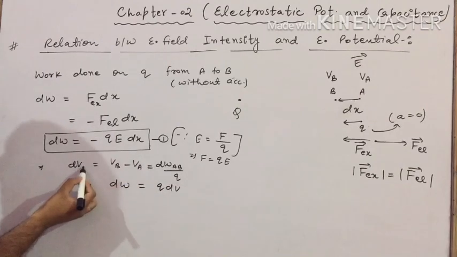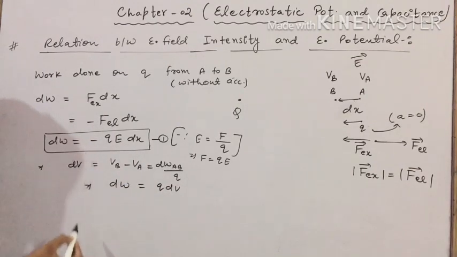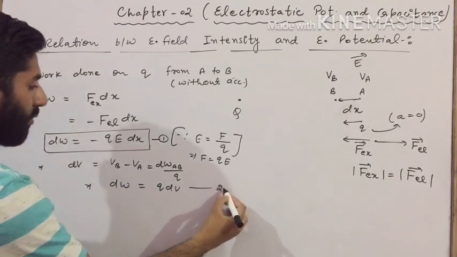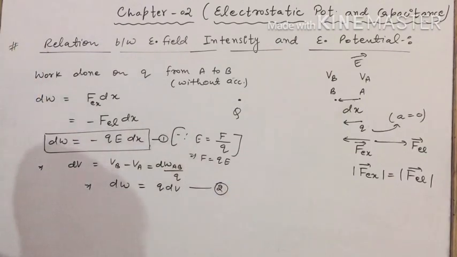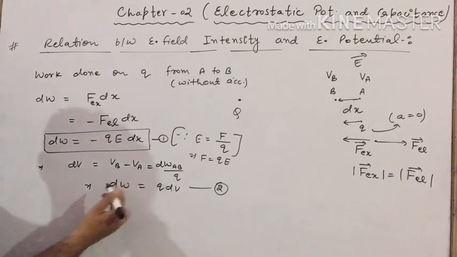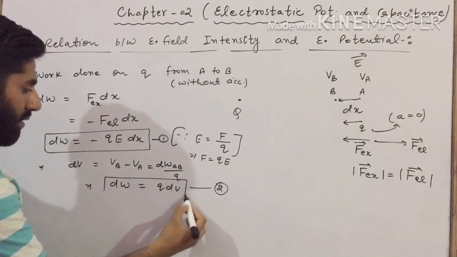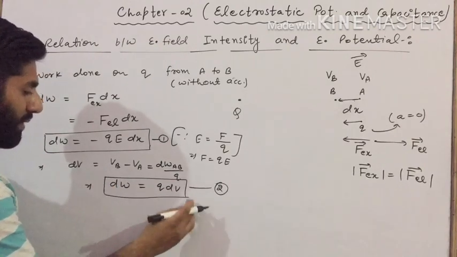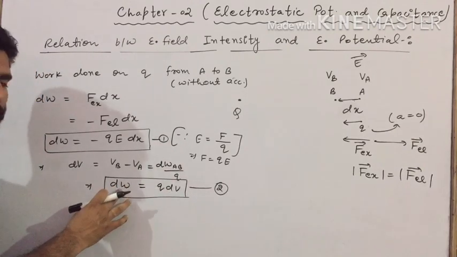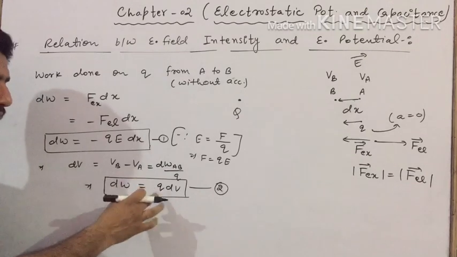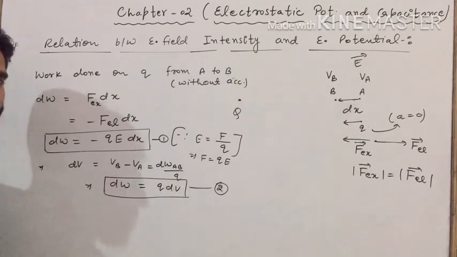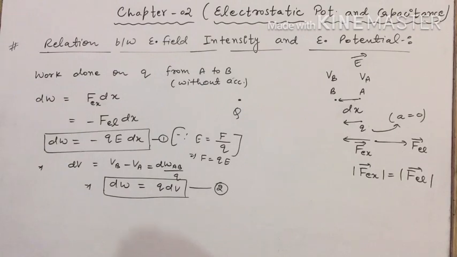This Q will be in multiplication with this term. So this is how we can calculate the work done using the definition of potential difference. This result is used in numericals as well, so please remember this. Work done in moving the charge from one point to another can be written as Q into the potential difference between these two points. We will discuss this later on as well.